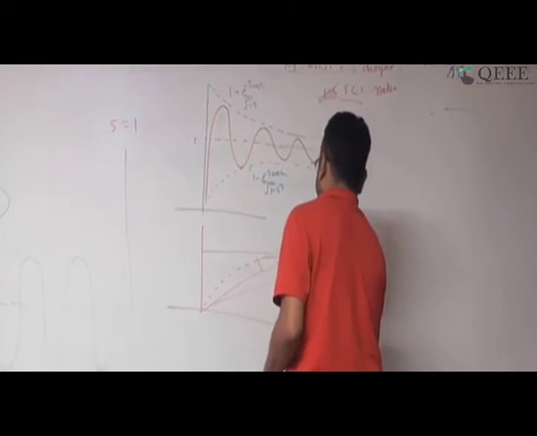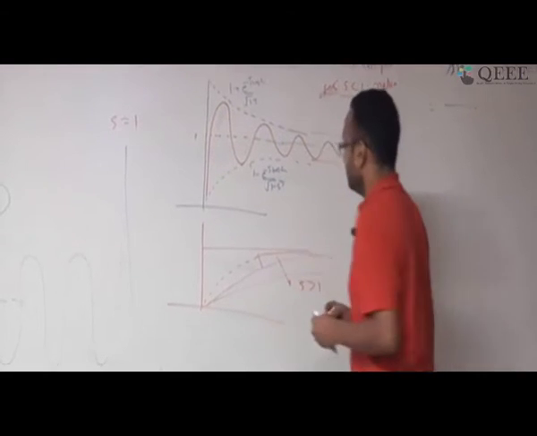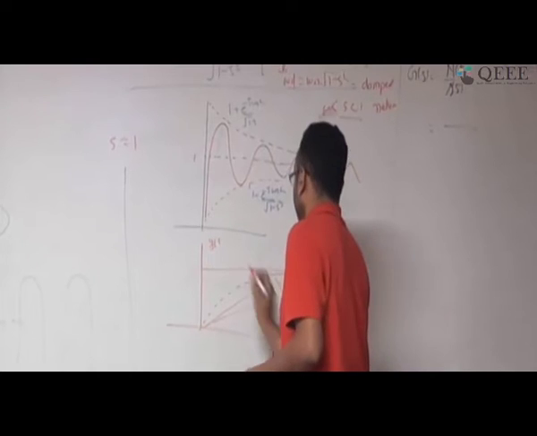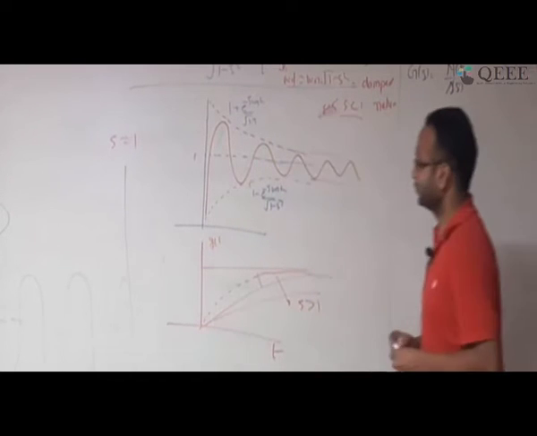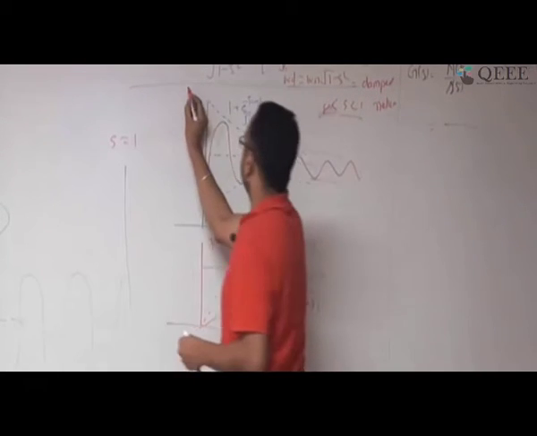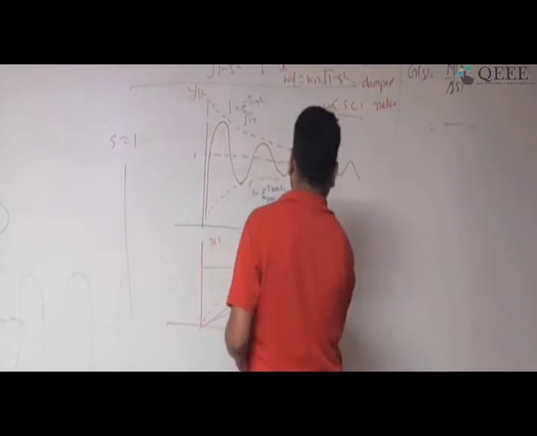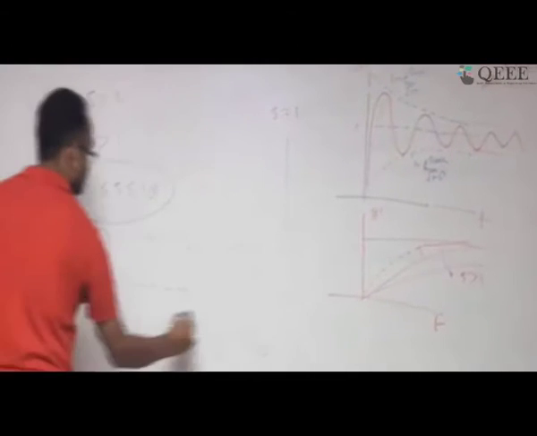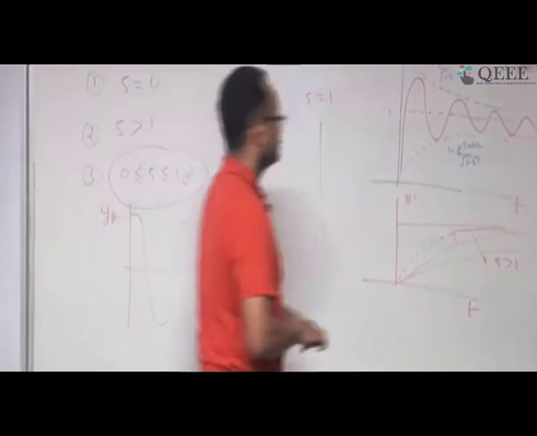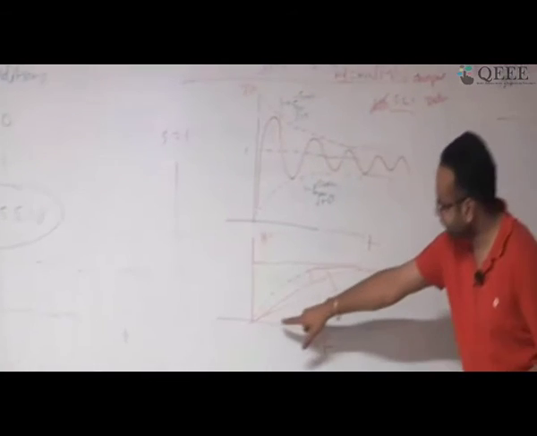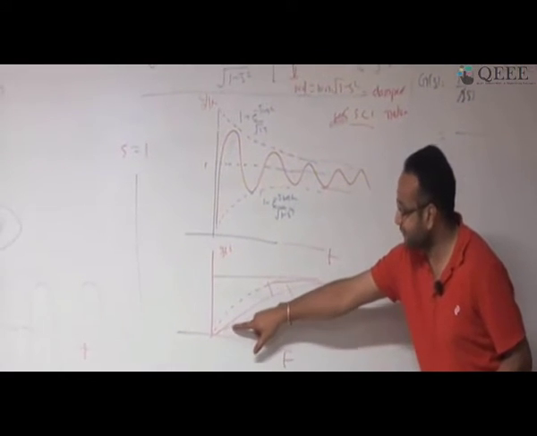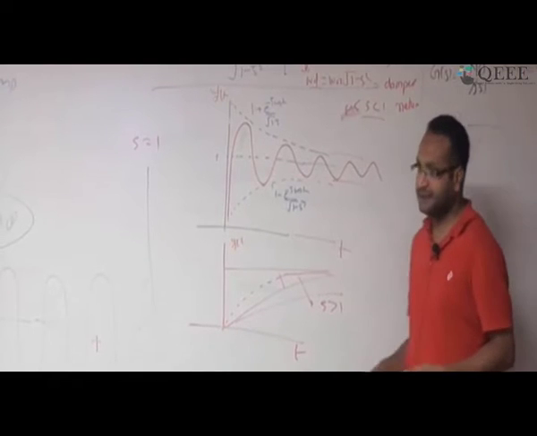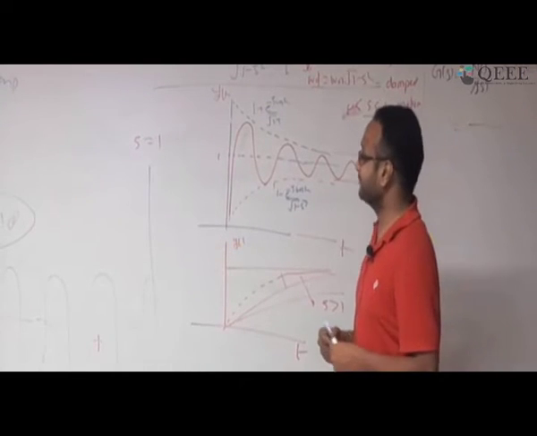So if you increase zeta more than 1, the response of the system, this is y(t) with respect to t, will come like this. I am plotting y(t) versus t in this case also. If you look at it here, when zeta is more than 1, there is no oscillation, and this scenario is called the overdamped scenario.